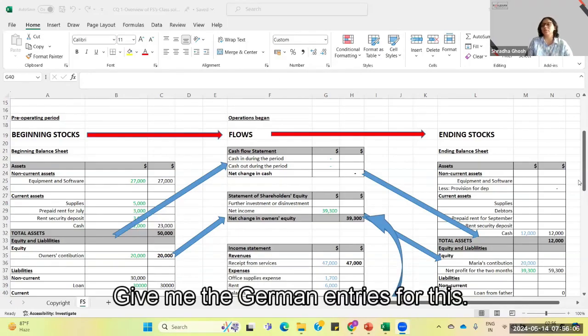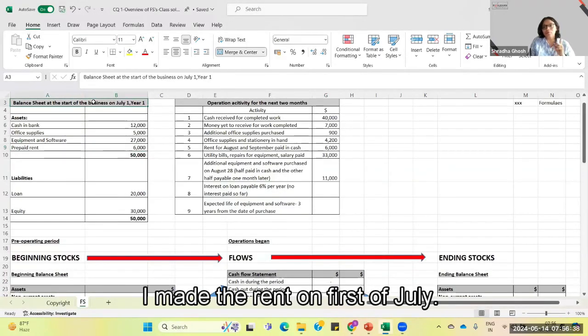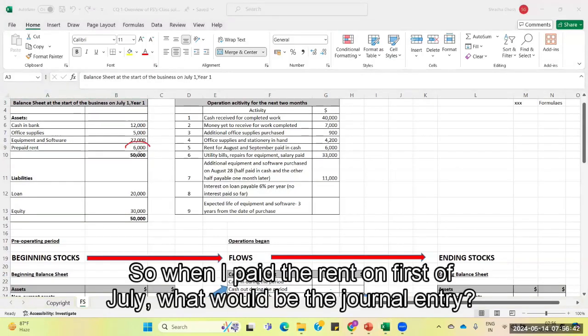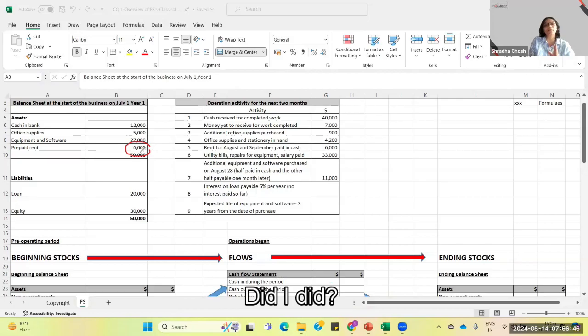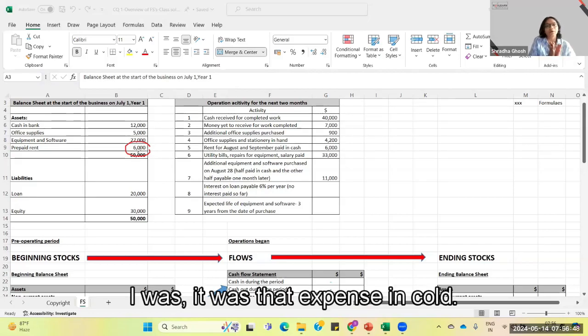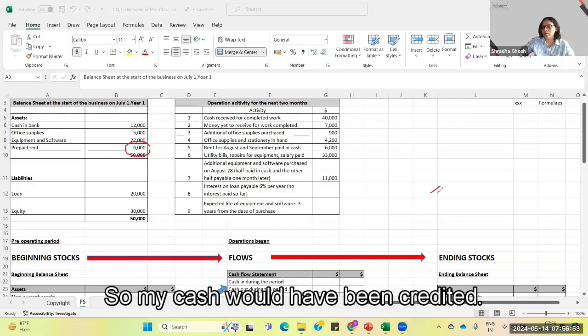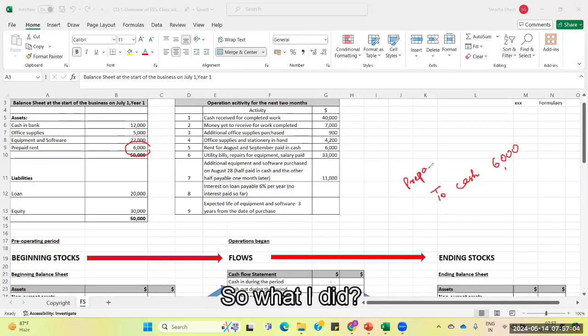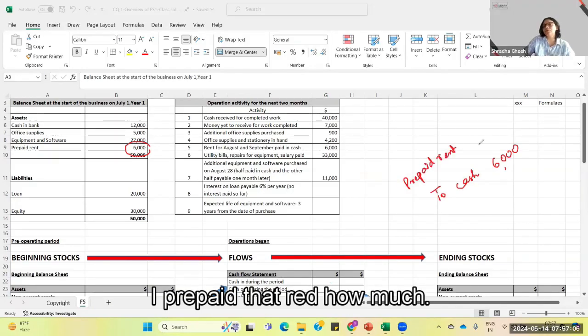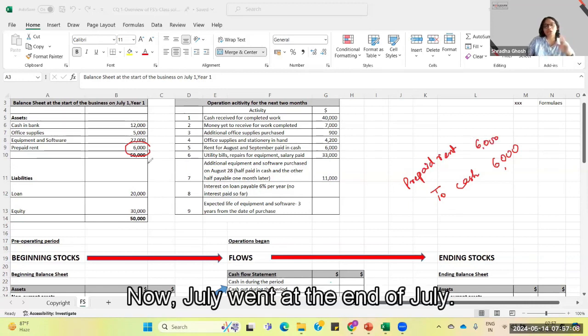Okay, can you give me the journal entries for this? I paid the rent on 1st of July. So when I paid the rent on 1st of July, what will be the journal entry? Was that expense incurred? But I paid the money, right? So my cash would have been credited. So what I did, I prepaid that rent. How much? 6,000. Now July went.